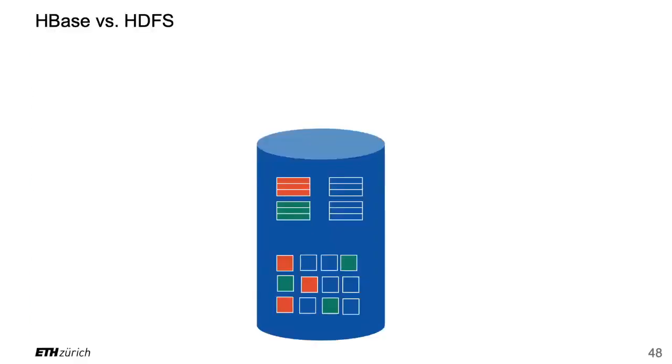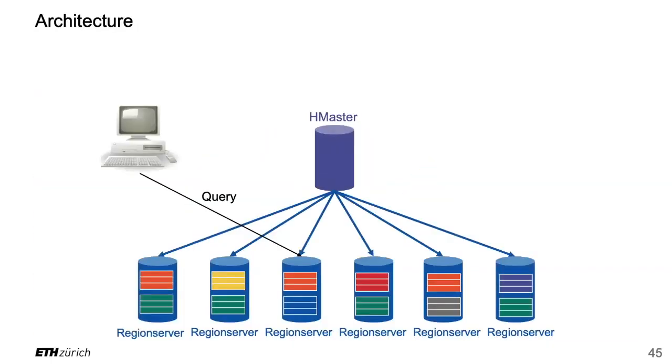But now here's the thing. I want to give you a few insights and hopefully an aha moment. I told you once that the machines that run the HMaster and the name node are the same machine. And the machines that run the region server and the data nodes are the same machines also. These are not different machines. So it means that the HMaster is also the name node, and the region server is also the data node.